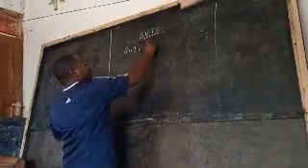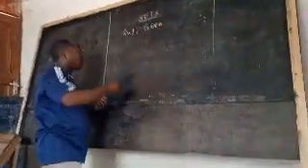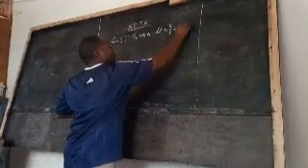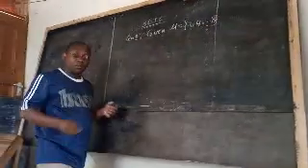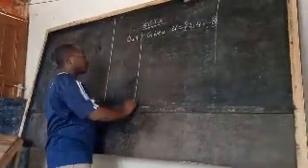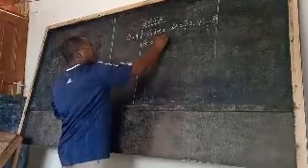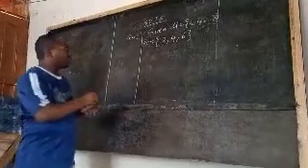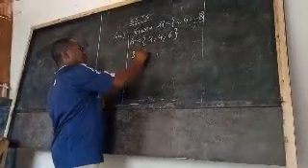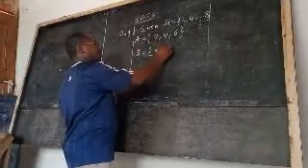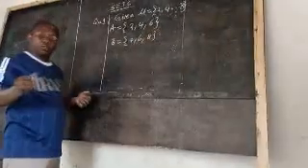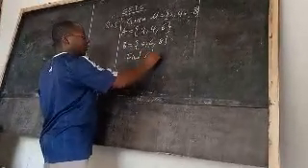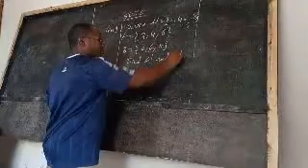You are given a universal set containing elements 2, 4 up to 8, and set A containing elements 2, 4 up to 6, and also set B which contains elements 4, 6, and 8. Then you are asked to find A complement and B complement.